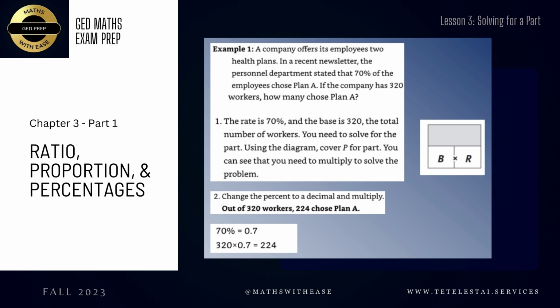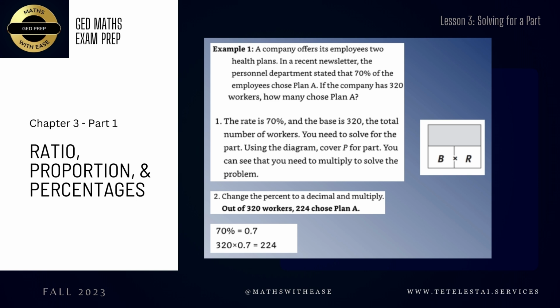So a company offers its employees 2 health plans. In a recent newsletter, the personnel department stated that 70% of the employees choose Plan A. If the company has 320 workers, how many choose Plan A? Well, that's a question about part, right?